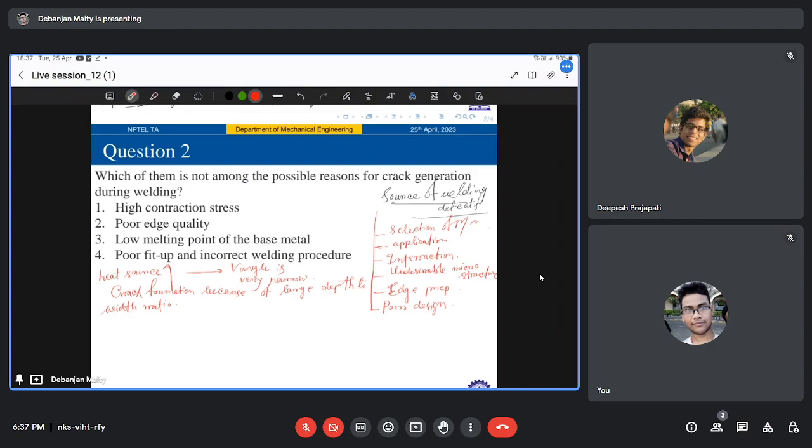Excluding that, there can be a gaseous shield that is not adequate, or maybe you have done some improper weld deposition. So those things are there in terms of improper application of the welding process, right? Now these things basically will be leading to improper results, the defect formation in the weld specimen.